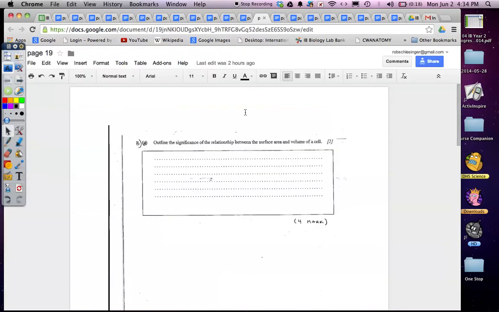All right, this question was very difficult. Originally it was 2 marks, but I changed it to 4. There seemed to be a lot of confusion about the significance of surface area to volume ratio. And it's basically this. Cells have to be small in order to function. Because as they get bigger, their volume growth outpaces the growth of their surface area.